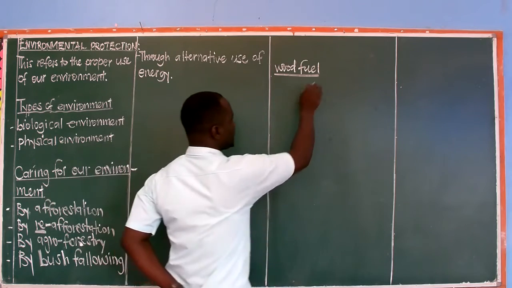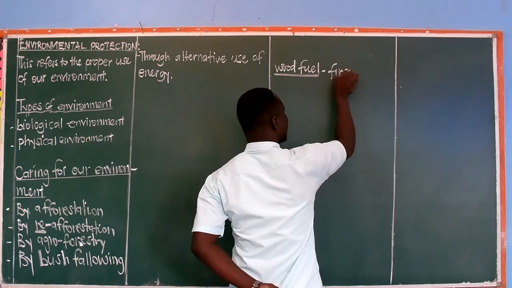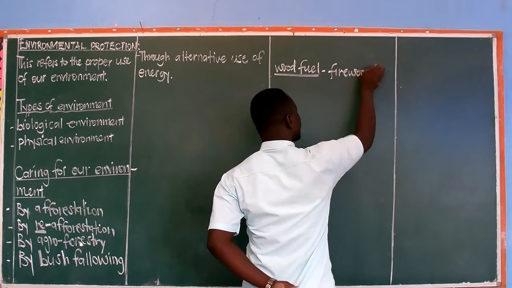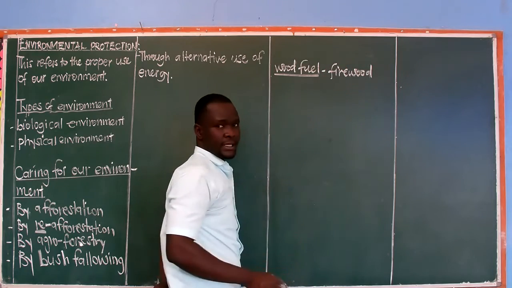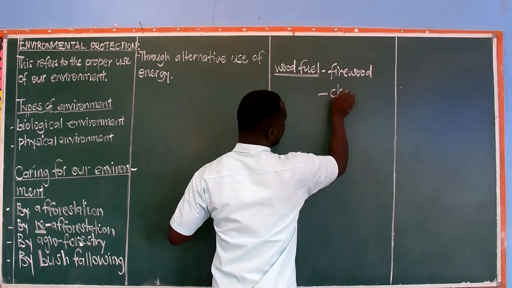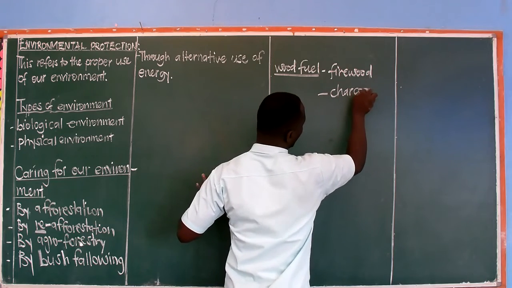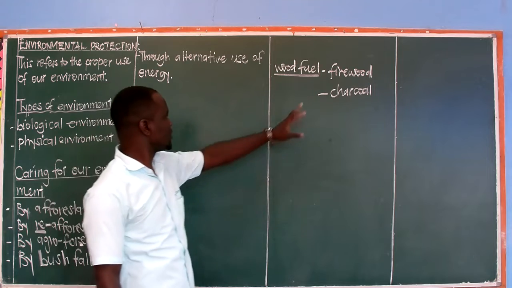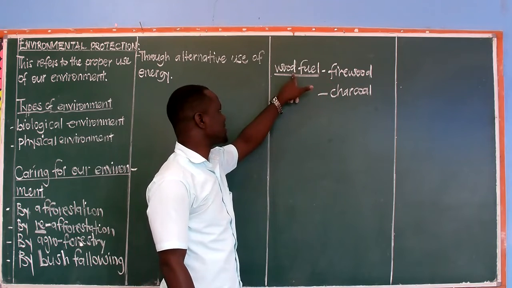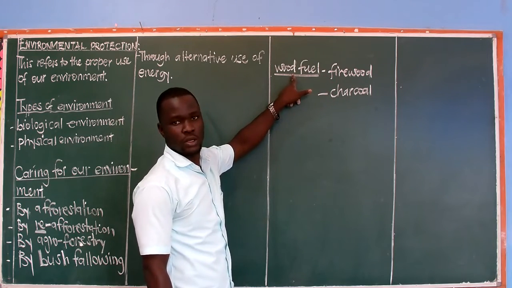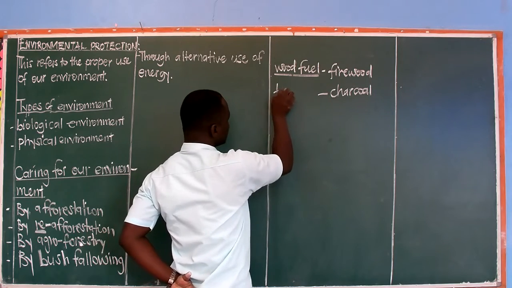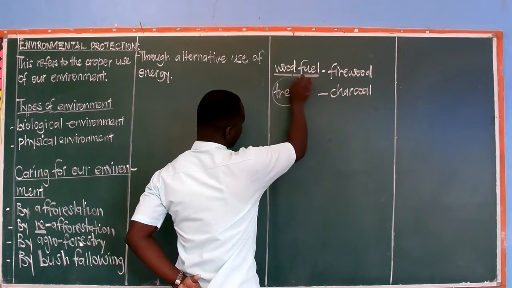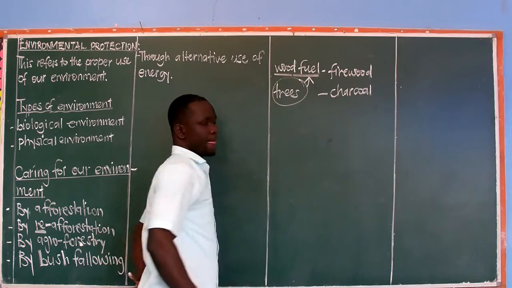For example, people use firewood for cooking, or people use charcoal for cooking, of which you will find that these two things are from what? The wood. Where is the wood from? Trees. That is what we are looking at here.